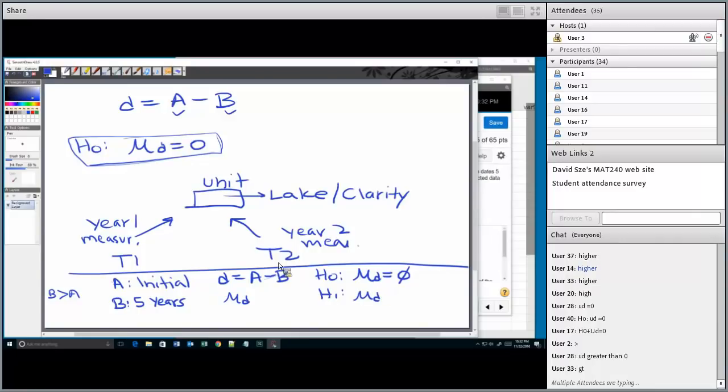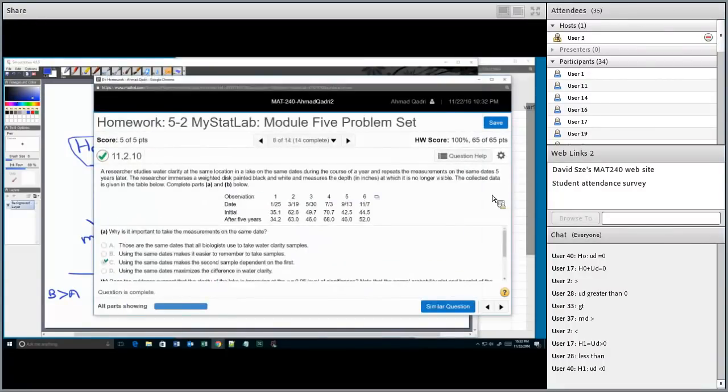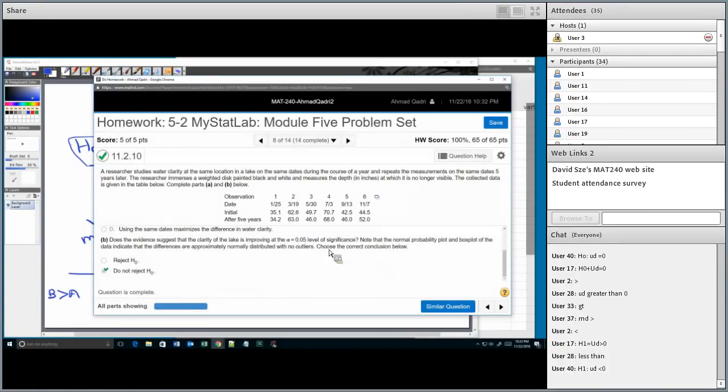B numbers are higher than A. If B is higher than A, my mu D will be, yes, less than 0. See, this is the tricky piece. If B numbers are larger than A, then A minus B will be negative. So D will be less than 0. So that's why mu D is less than 0. Okay, so that's my null and the alternative.